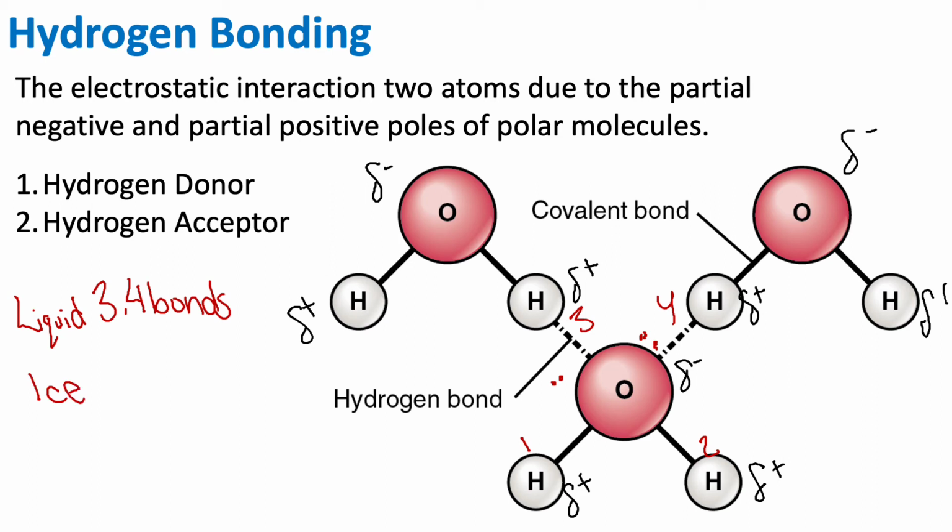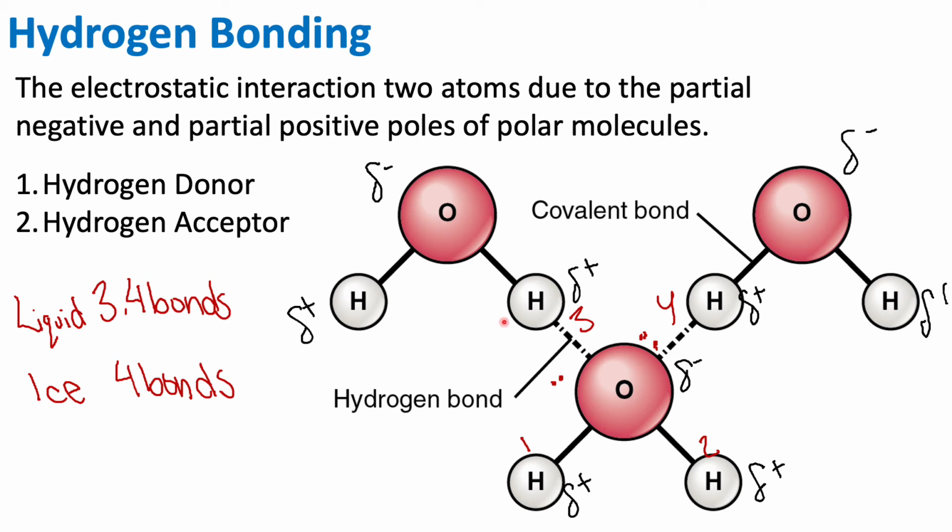In solid ice, we see 4 bonds. What that essentially means is that the ice state is more ordered. We have the maximum number of bonds, and in liquid it's less ordered. And 3.4 is an average. Some oxygens may have 4 bonds, some may have 3 bonds. This is just the average.